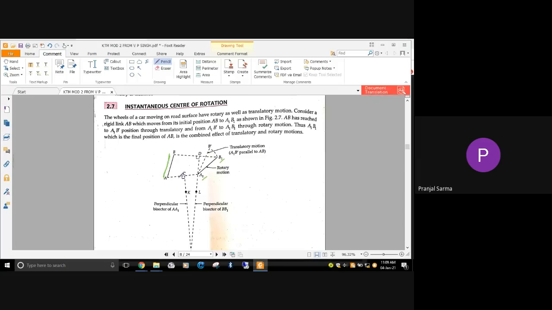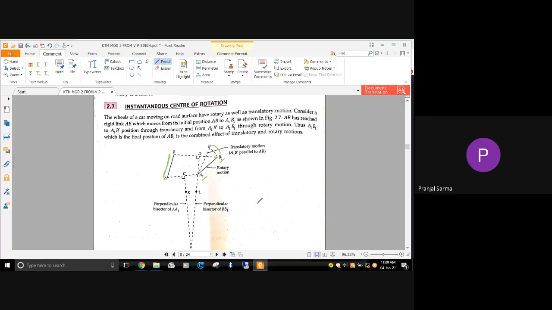So this movement, where AB has reached A1 B1, can be considered as a combination of translation motion, from here to here, and after that this much rotation that it has also got.